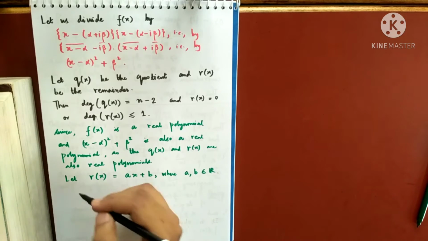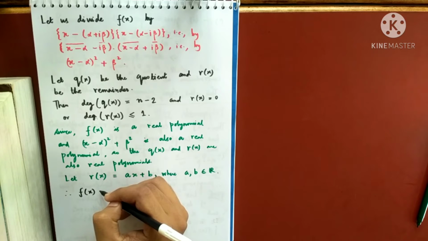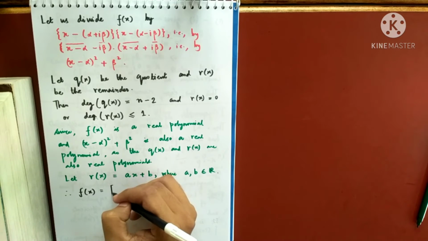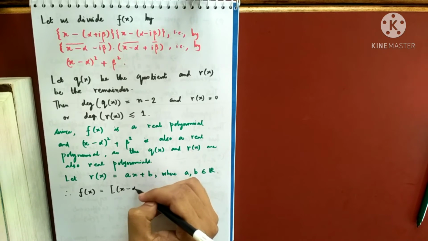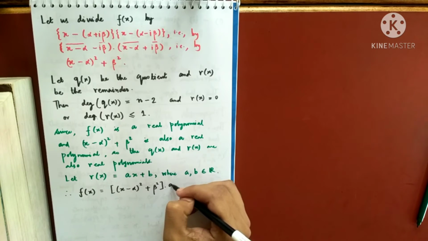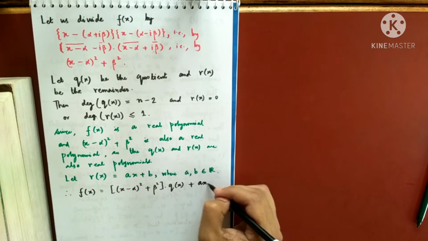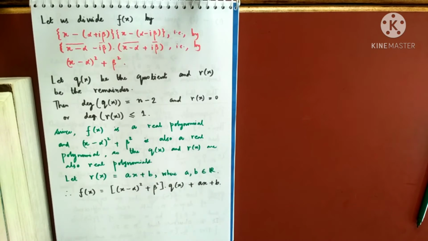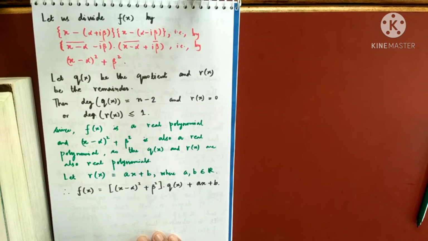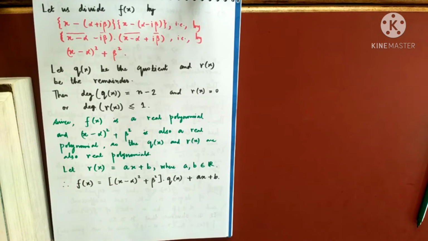So by the division algorithm, f(x) can be written as the divisor, (x minus alpha) whole square plus beta square, times the quotient, plus the remainder, ax plus b. So I have just used the division algorithm.